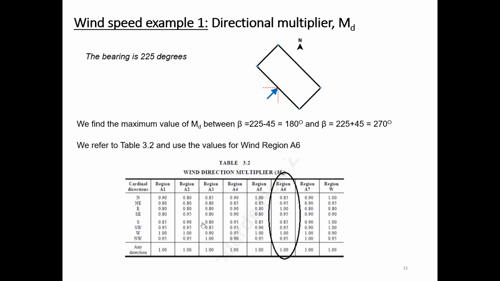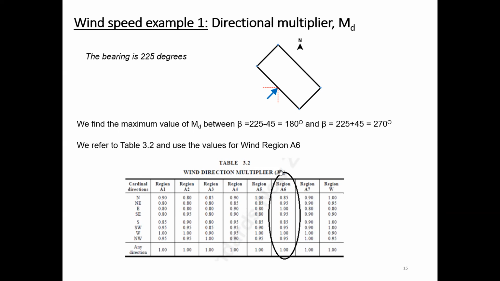Okay, so the bearing is 225 degrees. We find the maximum value of MD between 225 minus 45, which is 180, and 225 plus 45. So we look at the wind bearing between these two angles, right?